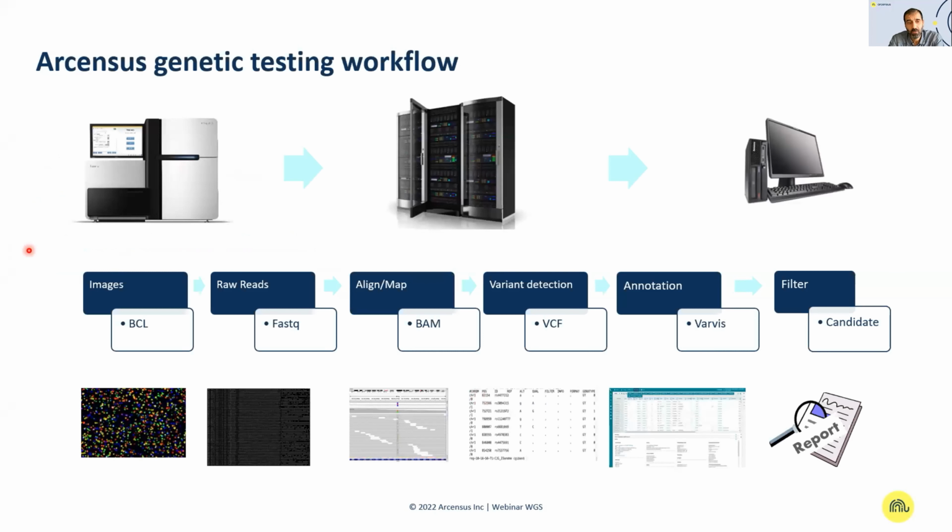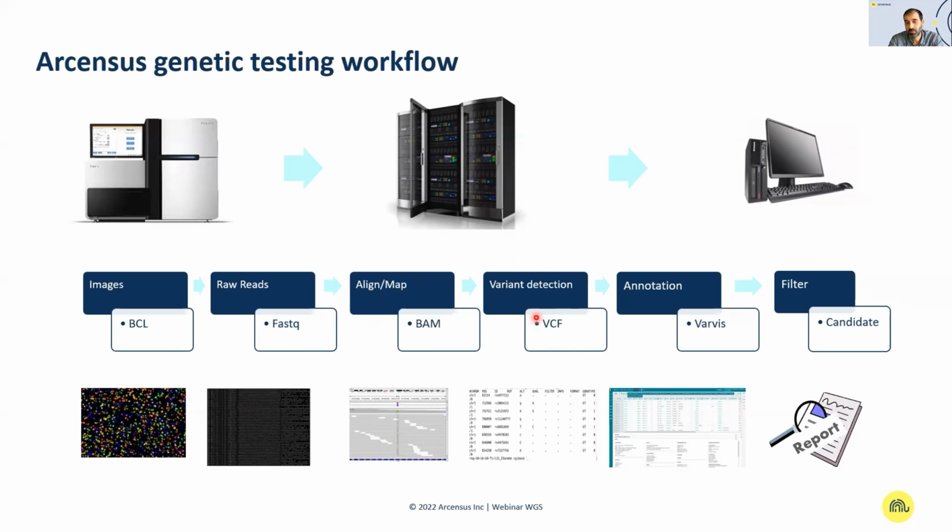Once we have the DNA, it is usually sequenced on a high throughput sequencing machine that initially generates just pictures. These pictures are then transformed into what are called the raw reads. These raw reads need to be aligned to a reference genome using high throughput computing machines. After this alignment, variant detection is done, which generates certain files.